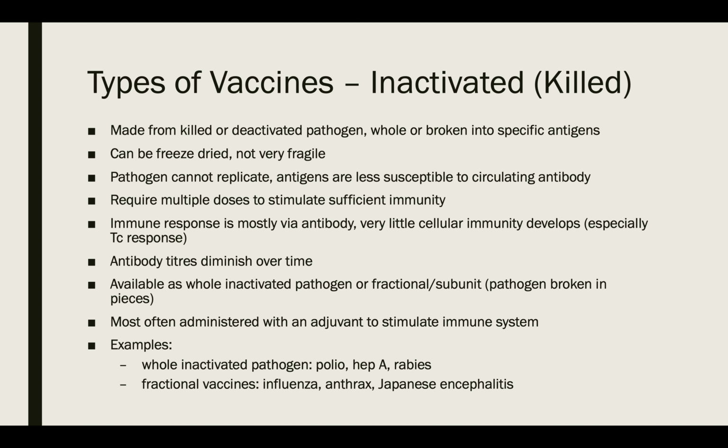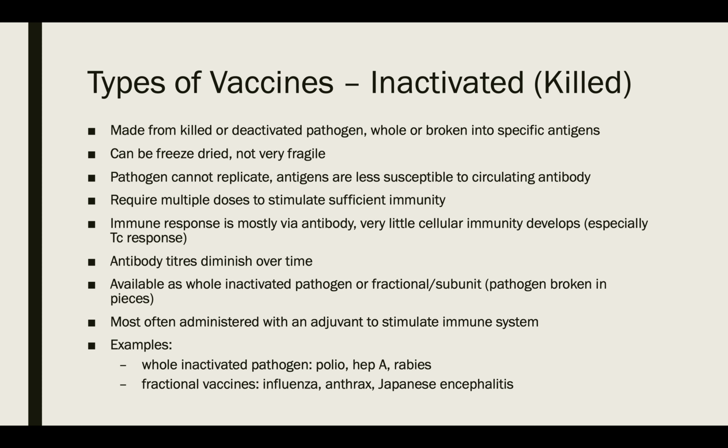Okay, so inactivated vaccines. These are killed vaccines. Sometimes you'll see them called killed virus or killed bacteria or inactivated. These are made from killed or deactivated pathogen, and that can be whole or broken into specific antigens. So sometimes you'll see those referred to as fractional vaccines or subunit vaccines, when it's just parts of a bacteria or parts of a virus.